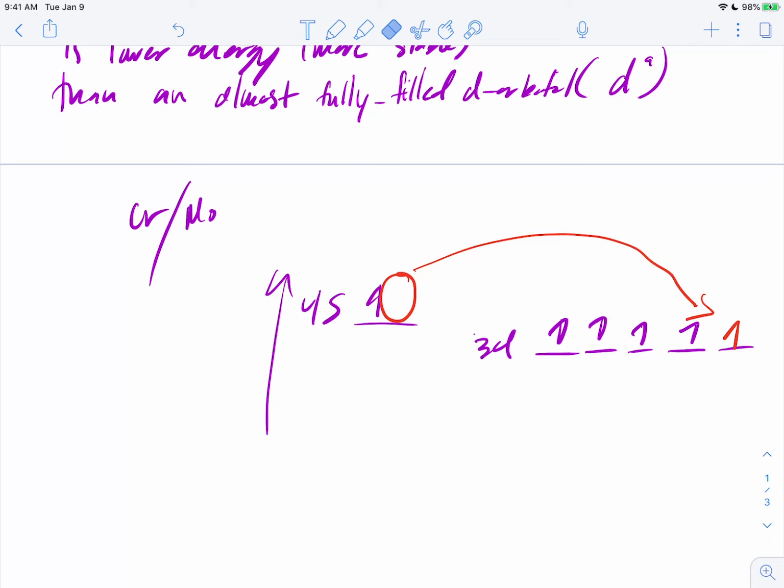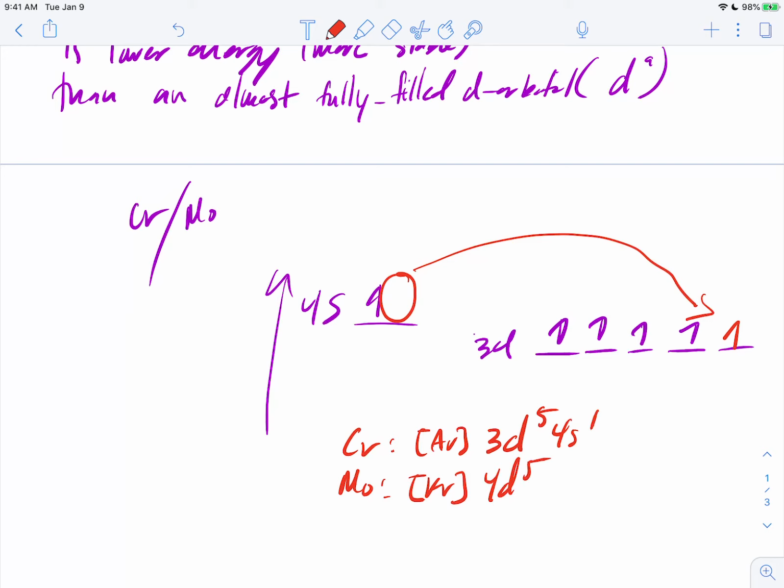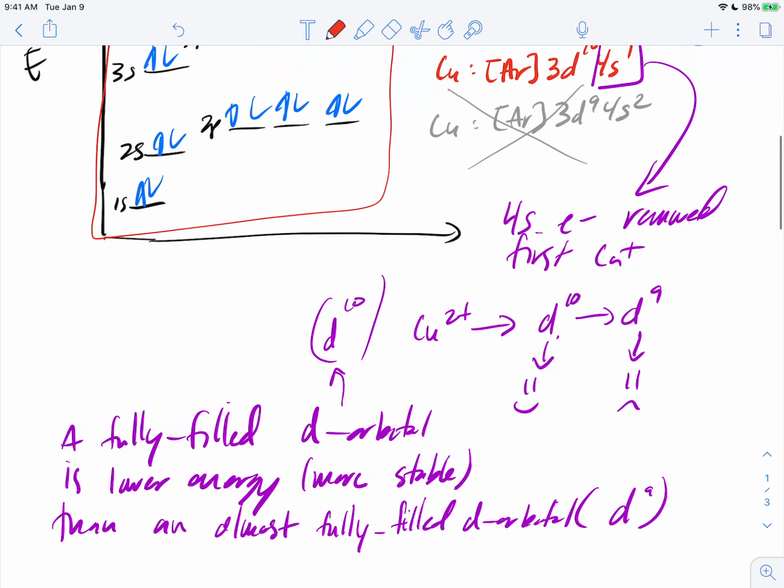So the configuration for chromium is going to be argon 3d5 4s1. For molybdenum, we just increase everything: we go to krypton, that's down 1, and then 4d5 5s1. So it's a d5 s1 configuration for the ground state.